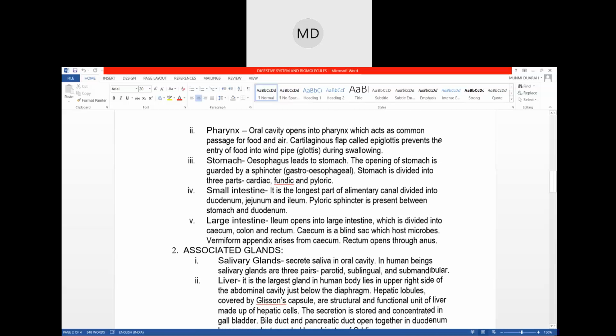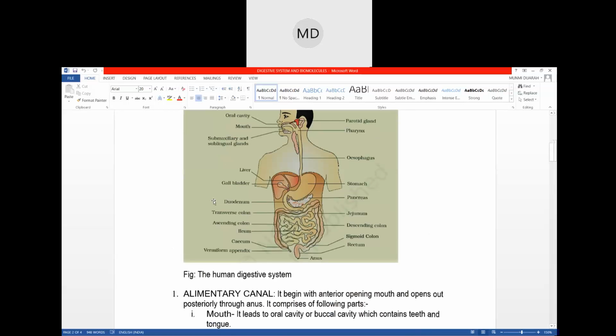So the alimentary canal consists of the mouth that we discussed. Then comes the pharynx, and in the pharynx there is the epiglottis. Epiglottis is the small tongue-like structure at the end of the mouth. What is its function? It prevents food from going into the windpipe.